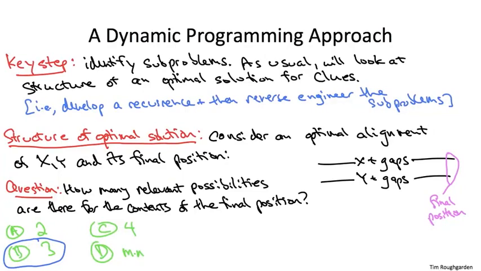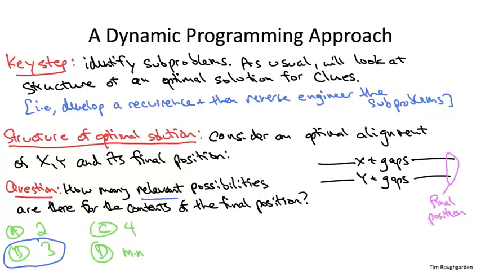But the hint of talking about relevant possibilities is that it's totally pointless to have a gap in both the top and the bottom. Why? Well, the penalty for gaps is non-negative. So if we just deleted both of those gaps, we get an even better alignment of X and Y. And in studying an optimal solution, we can therefore assume that we never have 2 gaps in a common position.